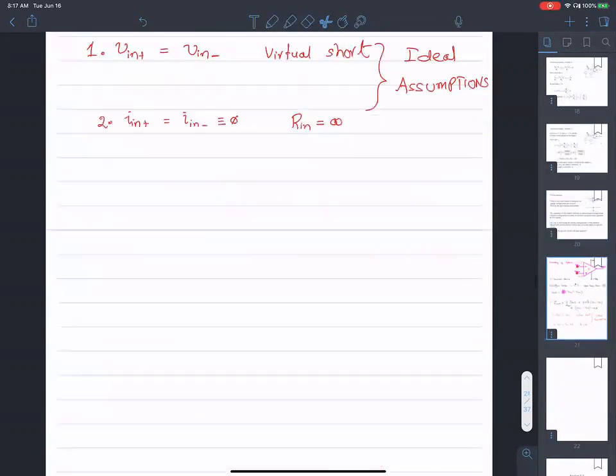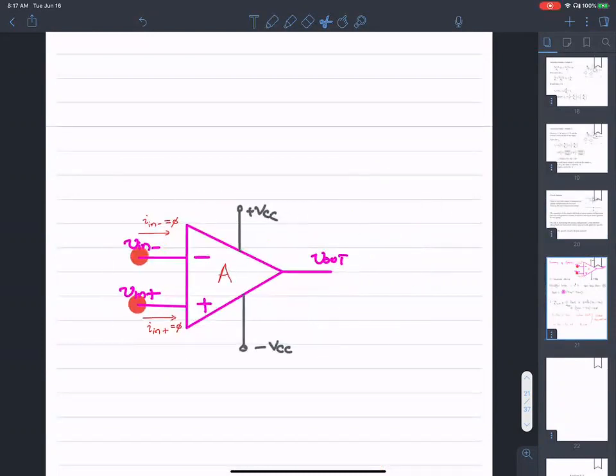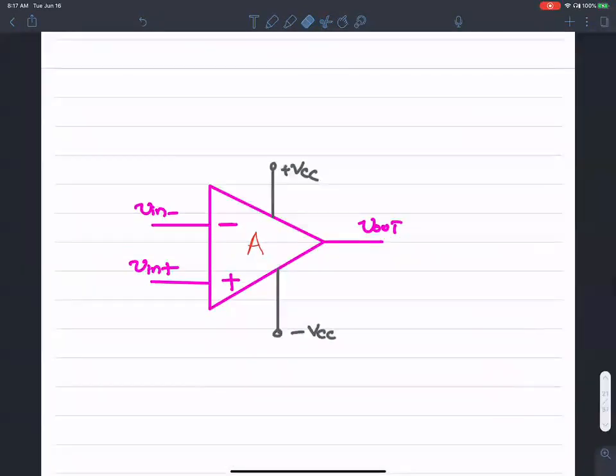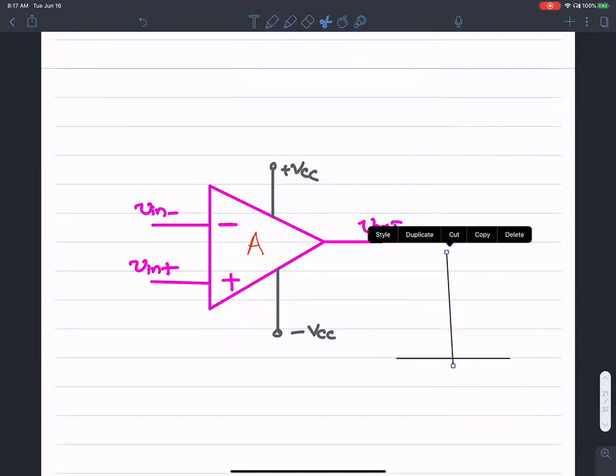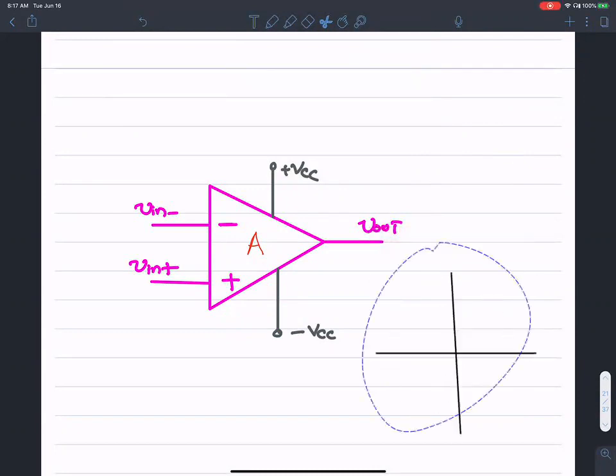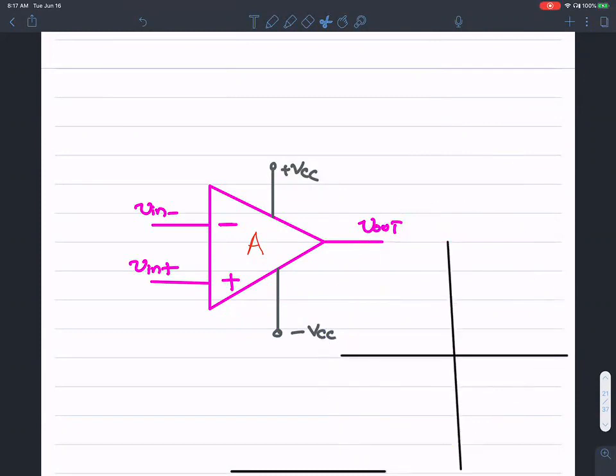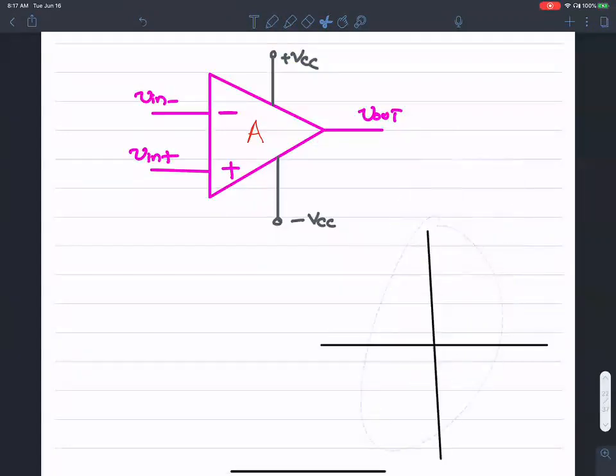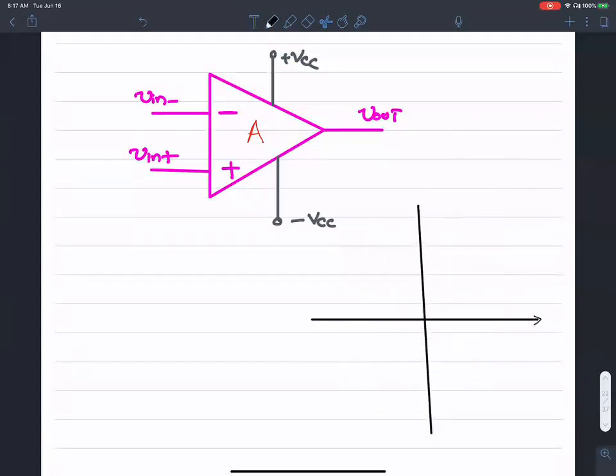If you were to plot the input versus output relationship, along the x-axis I'm going to plot the difference between the inputs, V in plus minus V in minus.